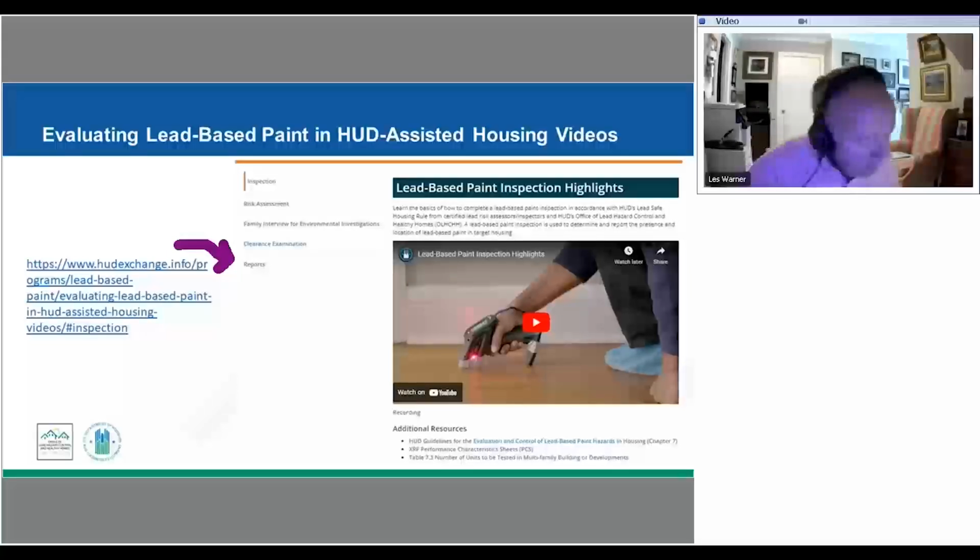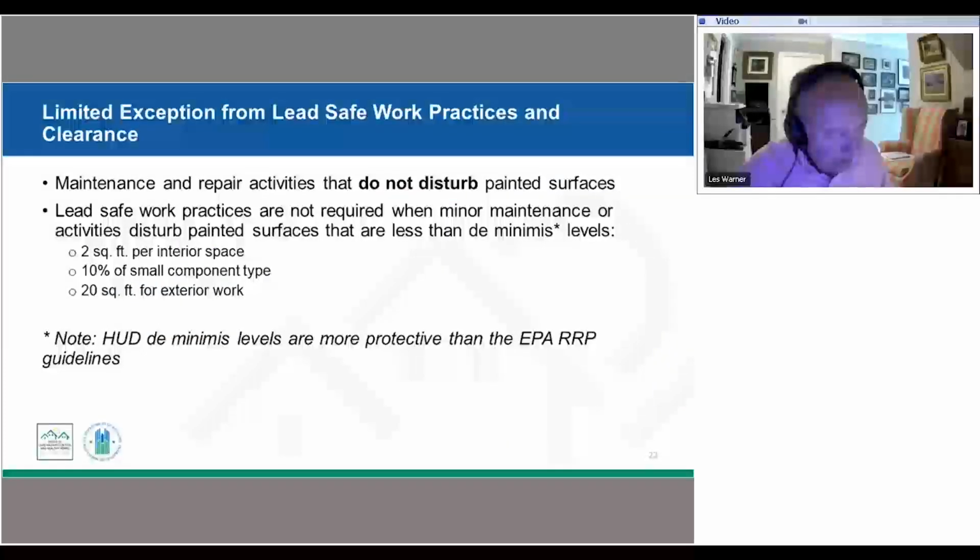Let's see, that's for, actually, I think, I know it was in our compare and contrast between the RRP and the HUD rule. De minimis was at the beginning, wasn't it? I think it's in a couple spots, but yeah. Hold on, folks, just a moment. We're going to pull up that slide. Found it, 22, right? Is this the one you're looking for with the de minimis levels?